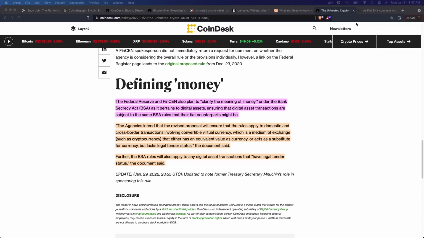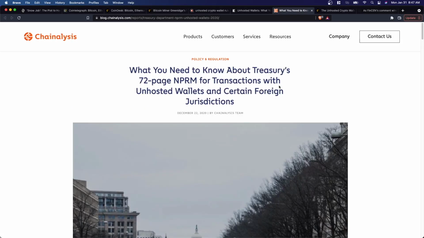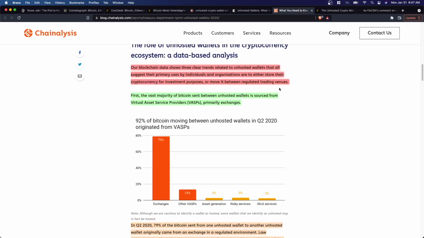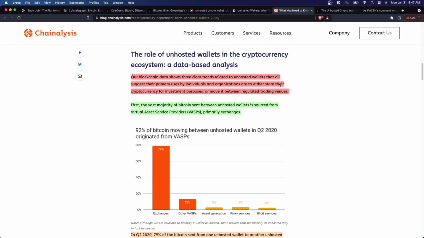So moving on, here is a Chainalysis report that touches on this proposed rule. And they say, our blockchain data shows 3 clear trends related to unhosted wallets that all suggest their primary uses by individuals and organizations are to either store their cryptocurrency for investment purposes or move it between regulated trading venues.